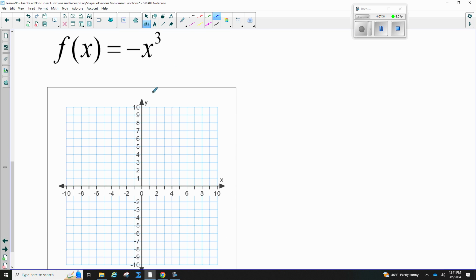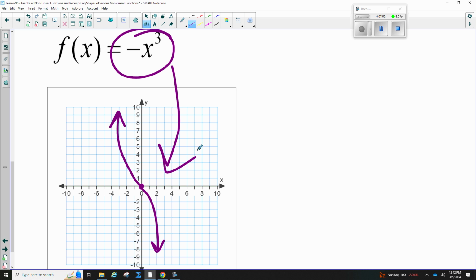This one's a little weird, okay? What ends up happening with this one, if you were to plug it in, is it now goes the other way, okay? Because it had the negative, so it flipped the points. So if this could be on there, and you would have a graph that looked like that. Again, it's just matching. It's not going to give you anything challenging. You won't even have to know which is which usually. You're just going to have to be like, that's what cubes look like. I'll show you in the end what you'll see.